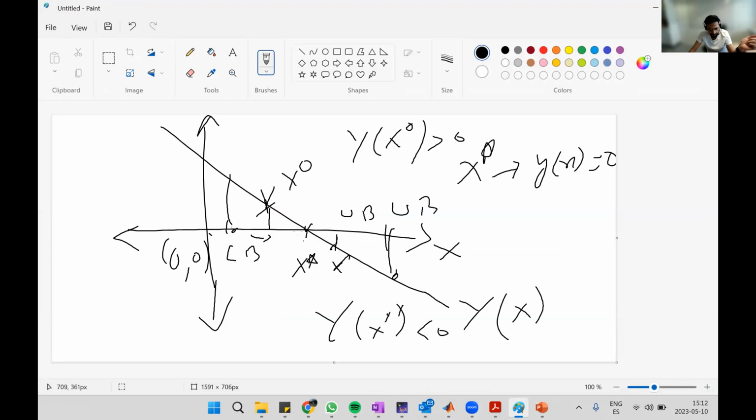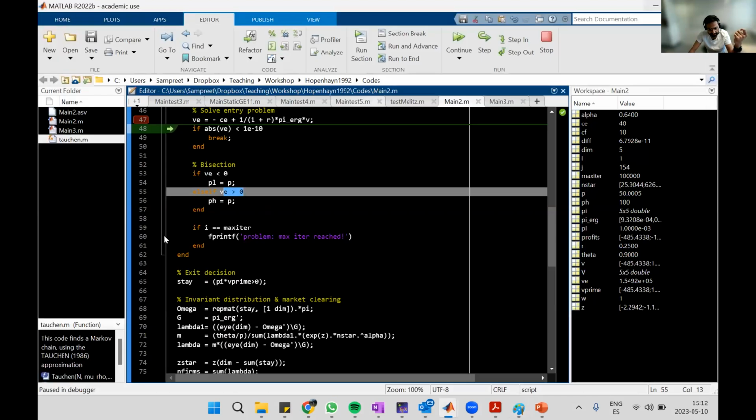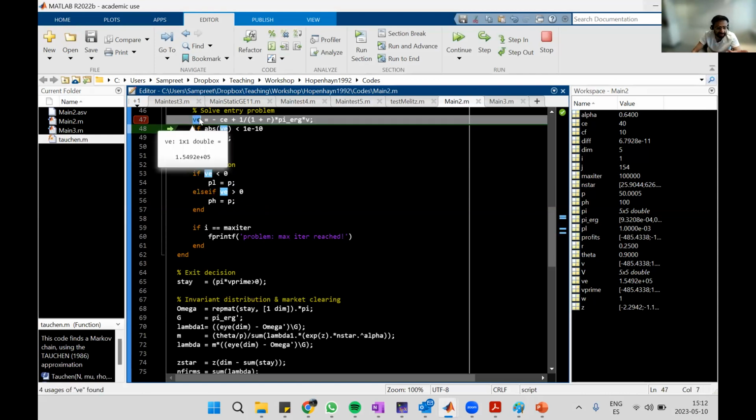If you are positive, then your lower bound adjusts. If you are negative, your upper bound adjusts. I'm going to do it until VE is exactly 0. If this is 0, then I have my equilibrium price.